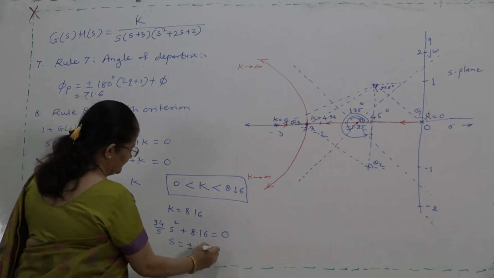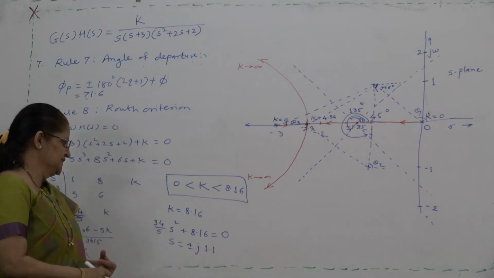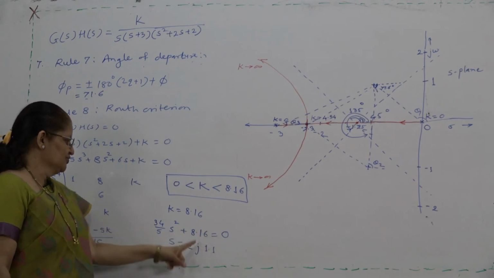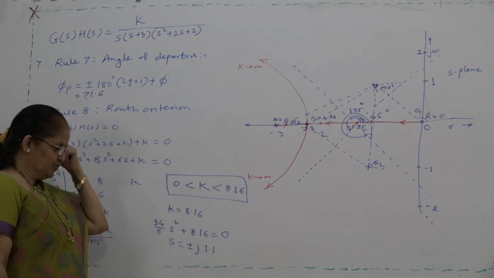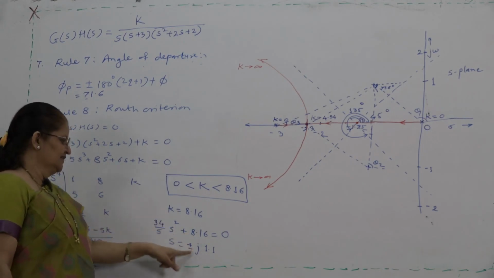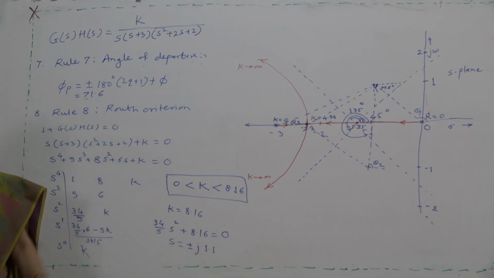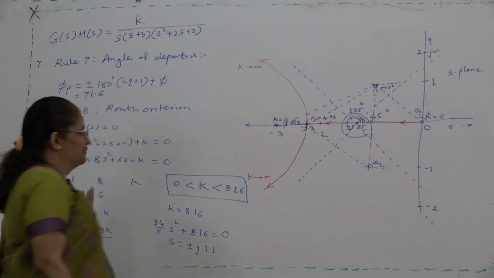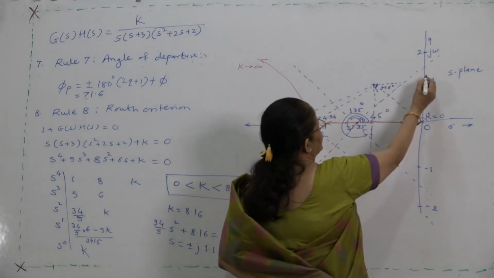So, 34 by 5 means what you will get? 6.8. 6.8 s square plus 8.16 is equal to 0, and from that you find out s. So, you will get roots plus minus j 1.1.